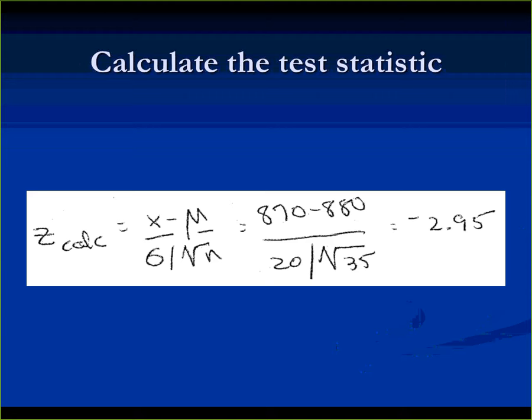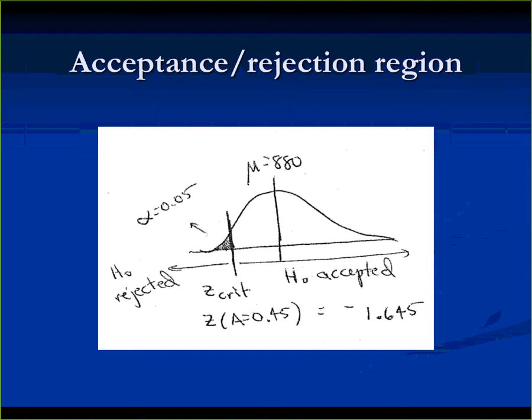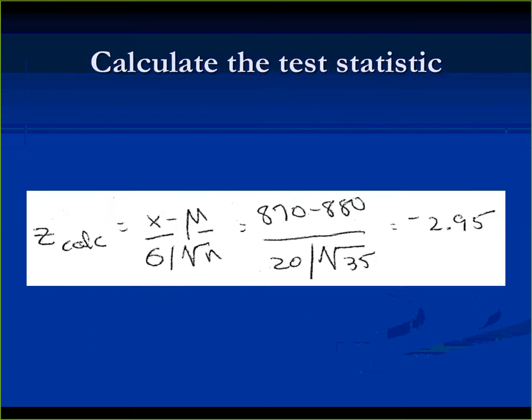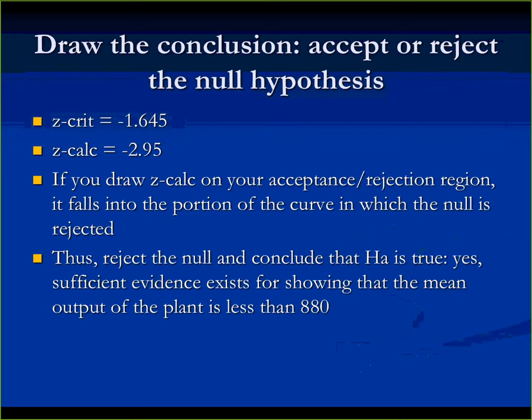What you then have to do is place that on your test. Your critical value is minus 1.645, and minus 2.95 is far off to the left of minus 1.645, which means that you are far into the rejection region. You're going to reject the null and conclude that the alternate is true.